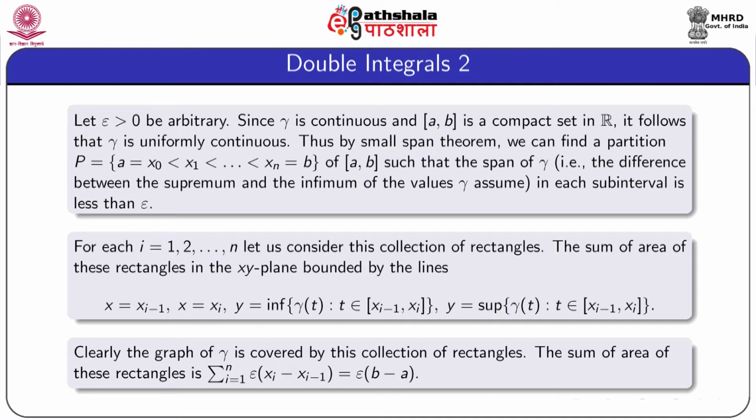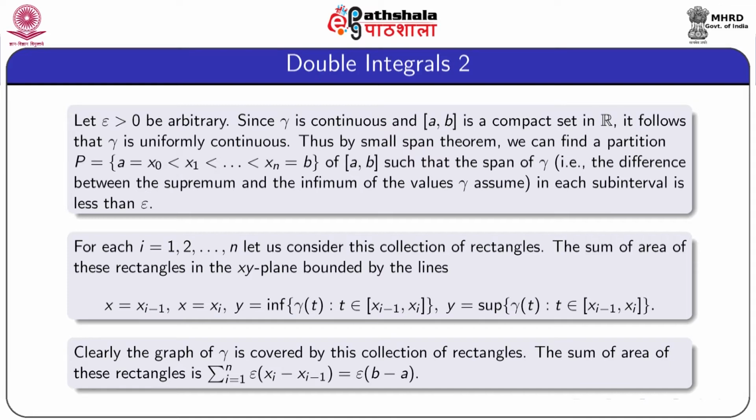For each i = 1 to n, let us consider this collection of rectangles in the xy plane bounded by the lines x = xᵢ₋₁, x = xᵢ, y equal to the infimum of γ(t) where t is in [xᵢ₋₁, xᵢ], and y equal to the supremum of γ(t) when t is in the same interval.